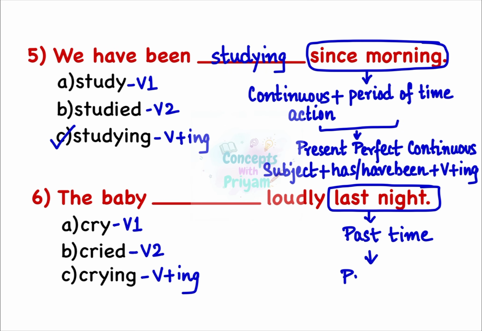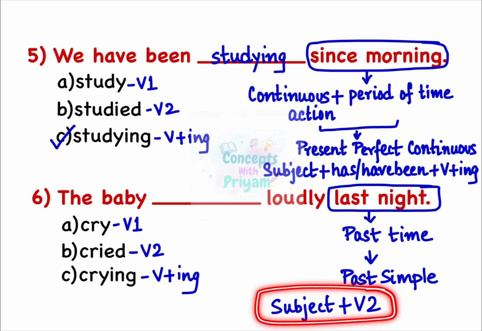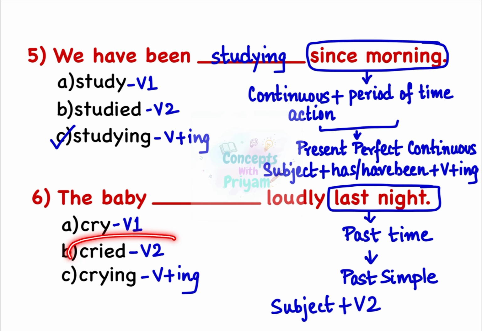So this sentence comes under the past simple tense, which follows the structure subject plus verb 2. Since baby is the subject and the sentence is in the simple past tense, which follows the structure subject plus verb 2, the correct option is cried. The baby cried loudly last night.